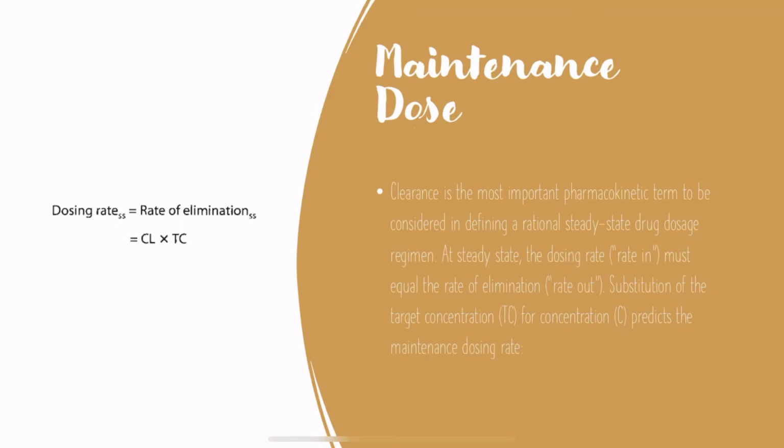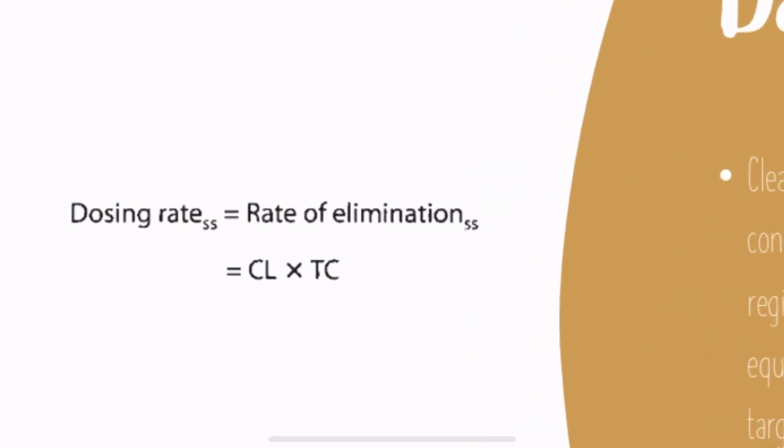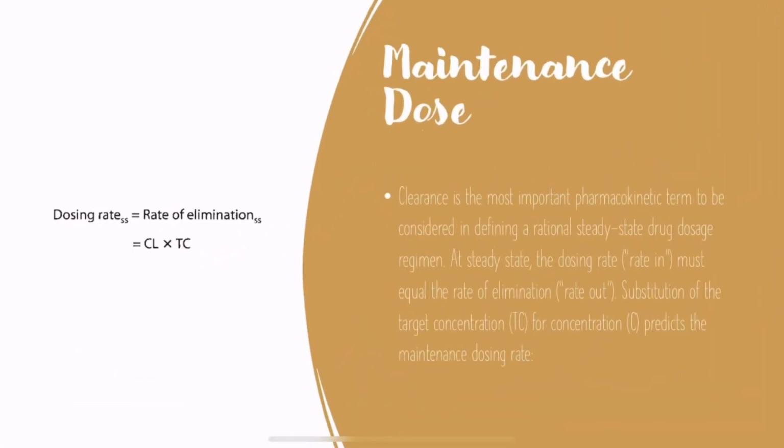At steady state, the dosing rate in must equal the rate of elimination, rate out. Substitution of the target concentration, TC, for concentration, C, predicts the maintenance dosing rate. So, this is the formula.